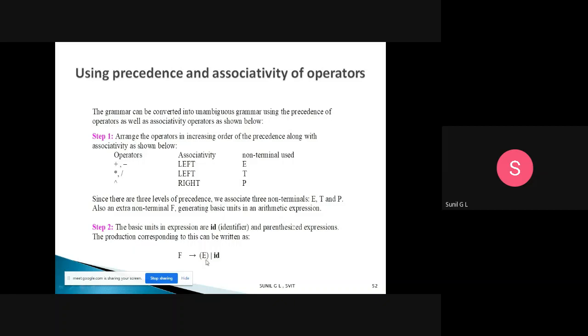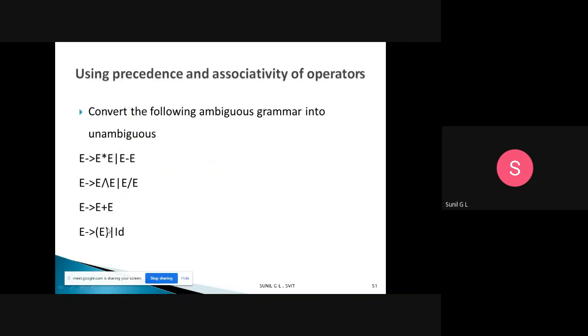We need to write the production for the basic unit. The basic units in this expression are id, that is identifier, and the parenthesis expression, that is E within the parenthesis.